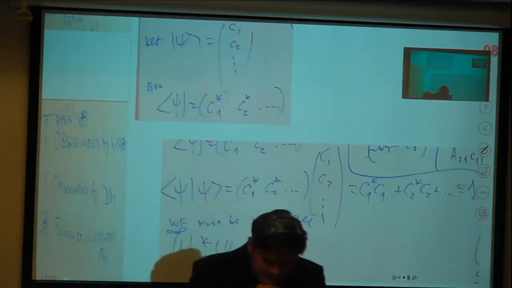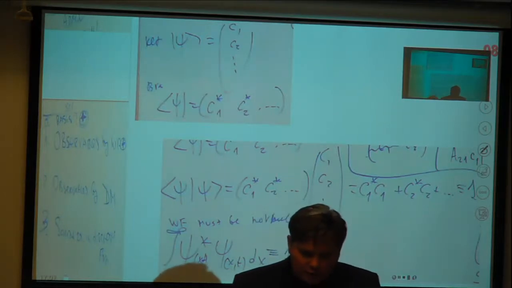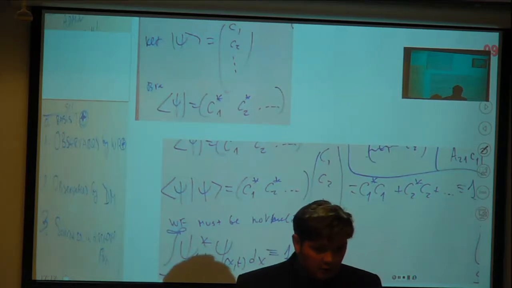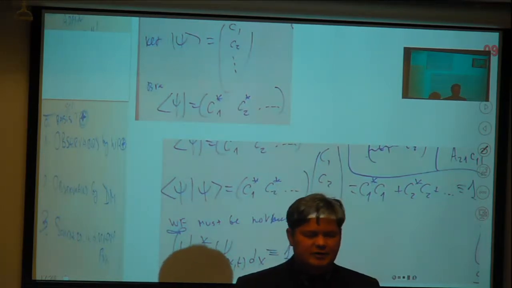So our favorite object of interest is a replacement of the wave function, which is a column vector of expansion coefficients. For the next 20 minutes, we focus on the column vector of expansion coefficients.